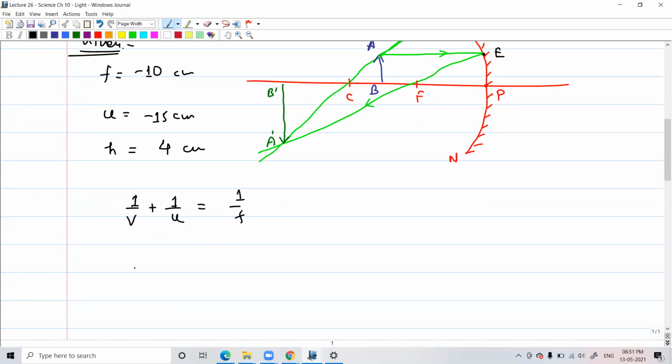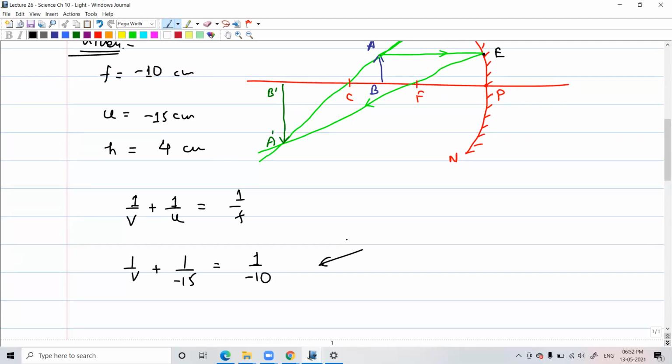So this 1 by V is what we need to find out. So let's keep it on the left side. Let's send this to the other side. So what does it become? It becomes 1 by F, or just put the values here itself, okay? 1 by U. What is U? Minus 15, right? And what is F? 1 by minus 10.